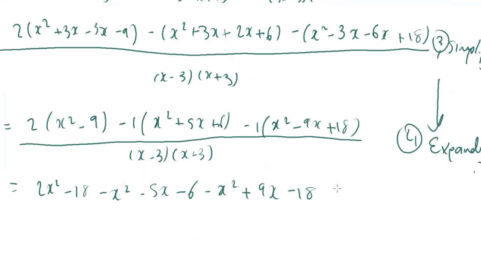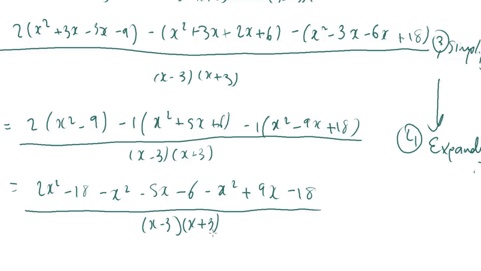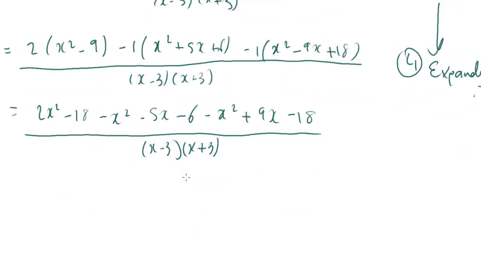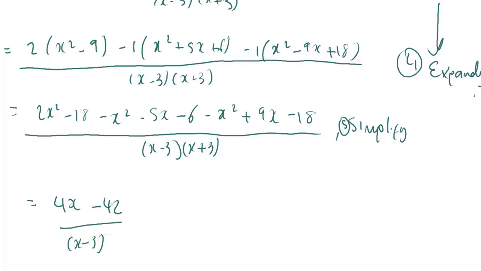and then you can see that we are getting closer and closer to a desired result. And then 4, if you simplify once again, you'll get 4x minus 42 over x minus 3, x plus 3.